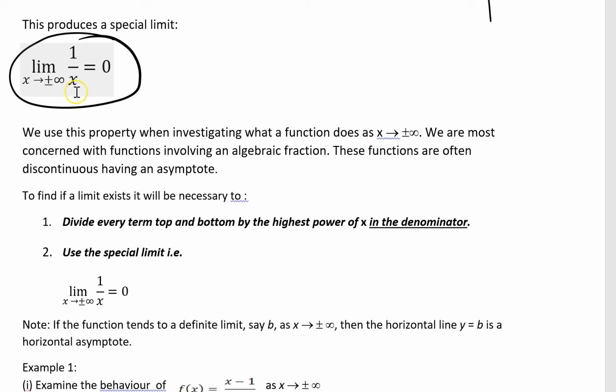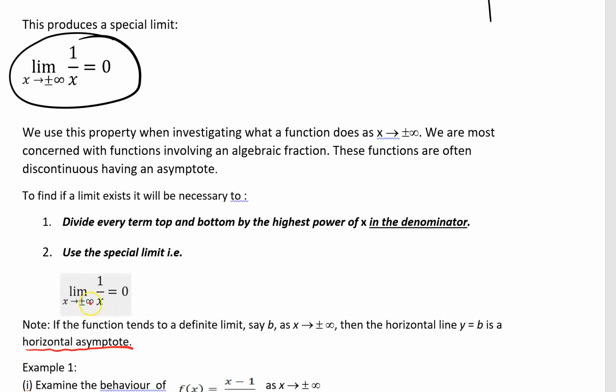So the values of x that create a 0 in the denominator of the function would be classified as a vertical asymptote. And when we investigate the limit as x approaches plus or minus infinity, that also identifies for us a horizontal asymptote.